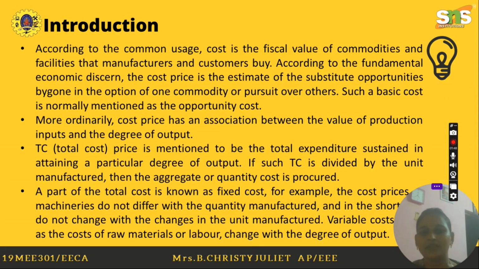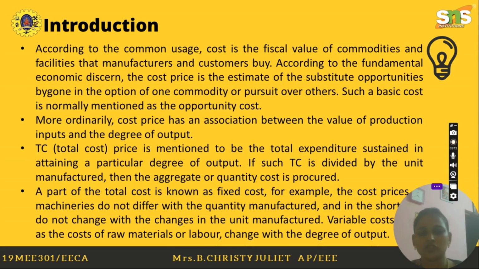So we can relate the cost as total cost is equal to total fixed cost plus total variable cost, because when you fix the price for a product, which is called cost, you include certain fixed cost and certain variable cost.